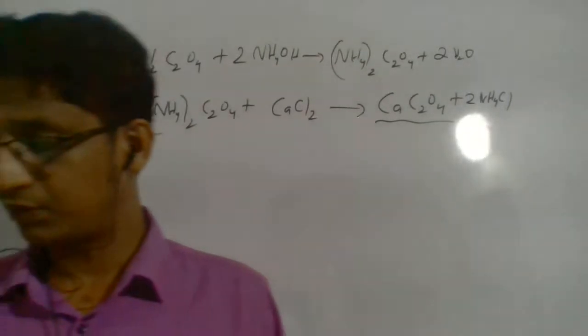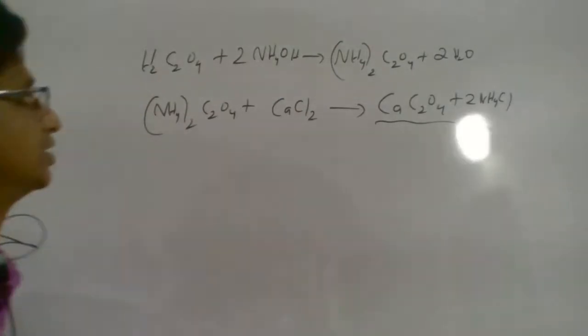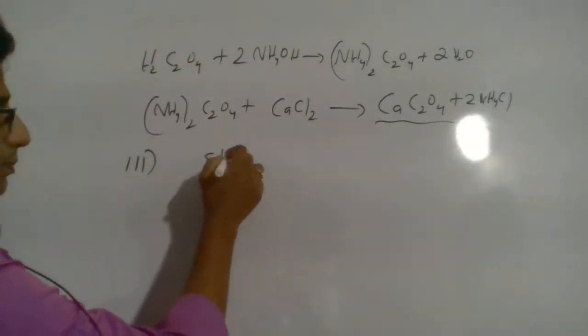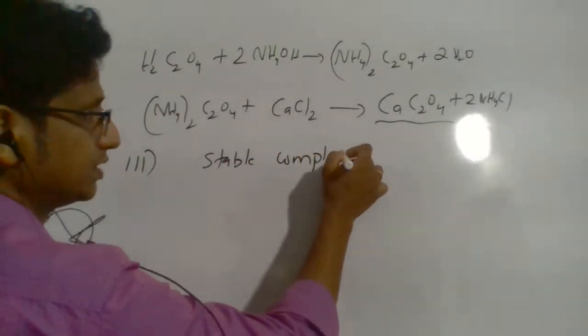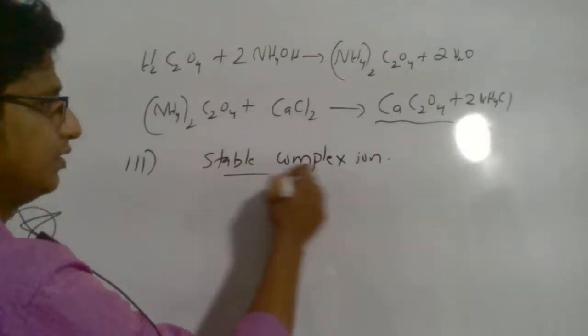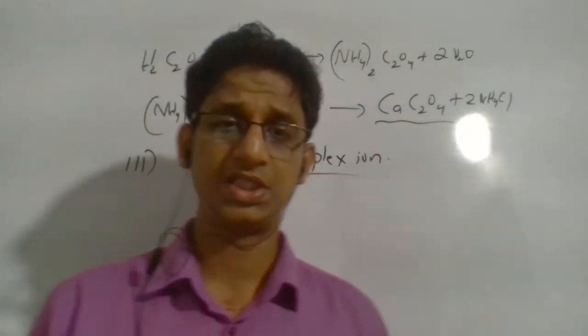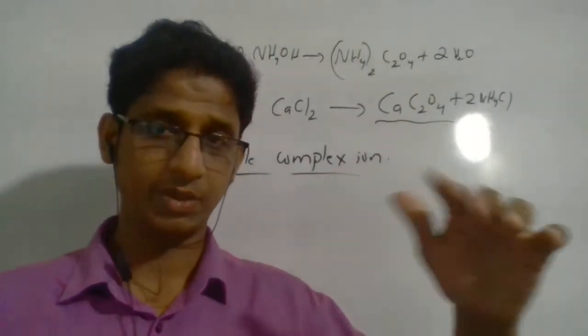Now the third way, anions causing the formation of stable complex ions in solution. That's the third way they can interfere. They can form stable complex ions. Now this is something we study in coordination chemistry. Coordination compounds deal with the ligand and central metal ion forming coordinate bonds, right?